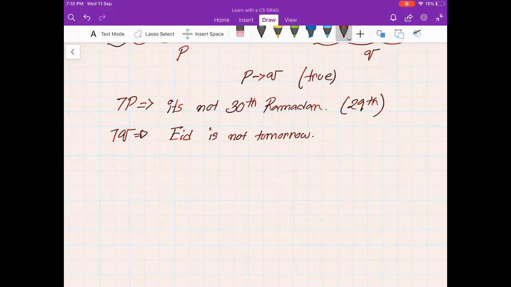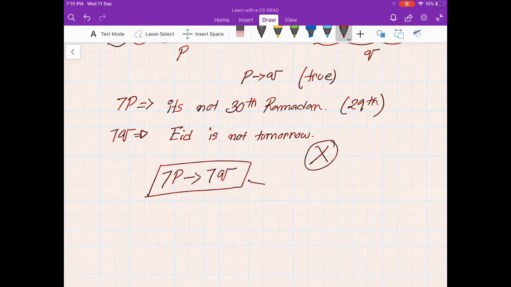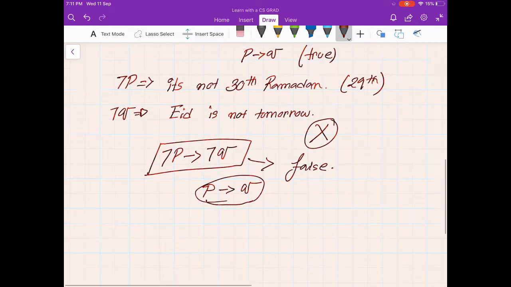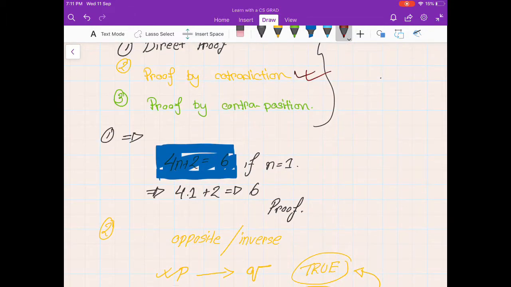So this statement becomes false. So not P implies not Q gives us a false result, thus making the original statement P implies Q true. Hope you guys understood that. Let's move on to the third one, which is proof by contraposition.